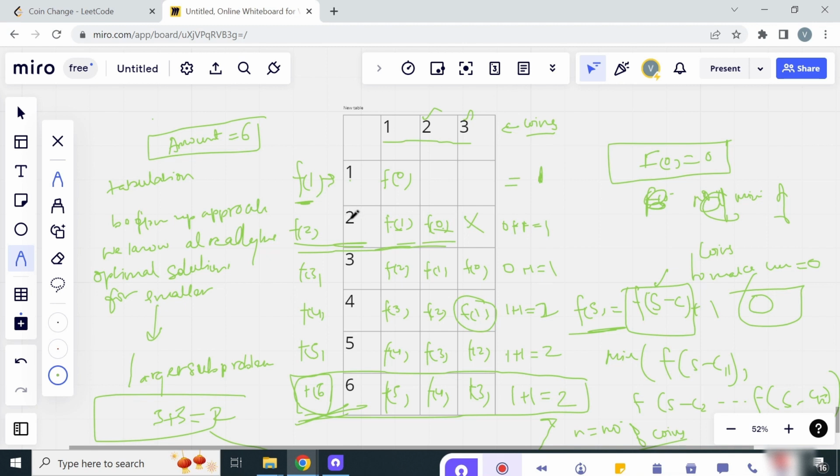So if I want the sum for 2, I need to find the minimum number of coins for 2 minus 1, that is f1, and 2 minus 2, that is f of 0. For f0 the minimum number of coins is 0, and then we add 1 to make it 1. So f2 will also become 1. The minimum number of coins that will amount to 2 is 1.